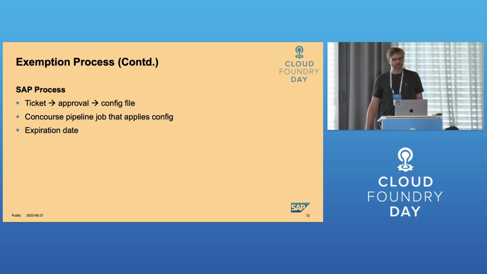And an important thing there is that all these exemptions have an expiration date, which is typically 6 months. And this Concourse job also ensures that after 6 months, so when the state is reached, the exemption will be removed again. And then hopefully it's not needed anymore because the users migrated their scenarios to V3.